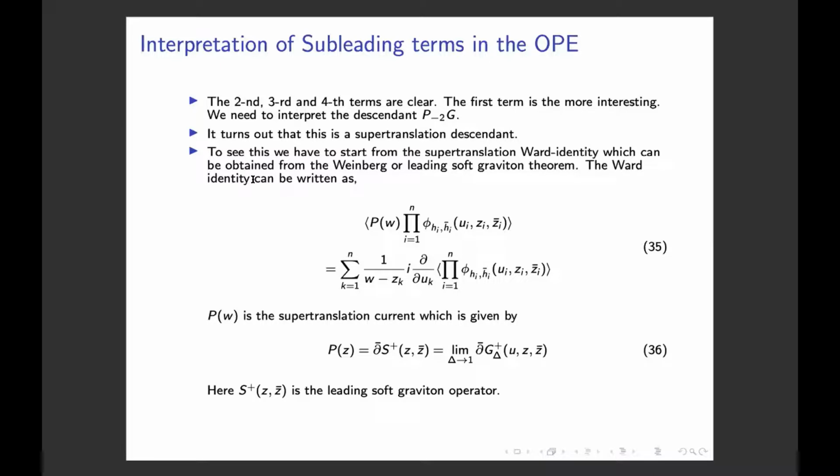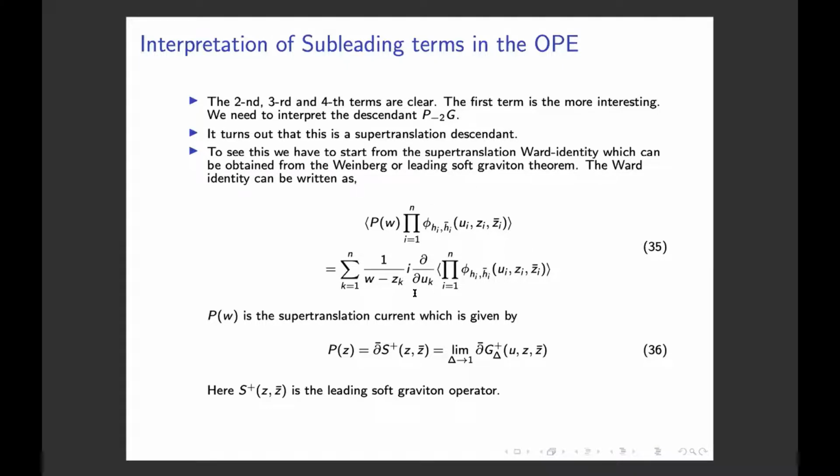I think the first thing which Strominger found is that the Weinberg soft graviton theorem can be thought of as the Ward identity for the super translation.